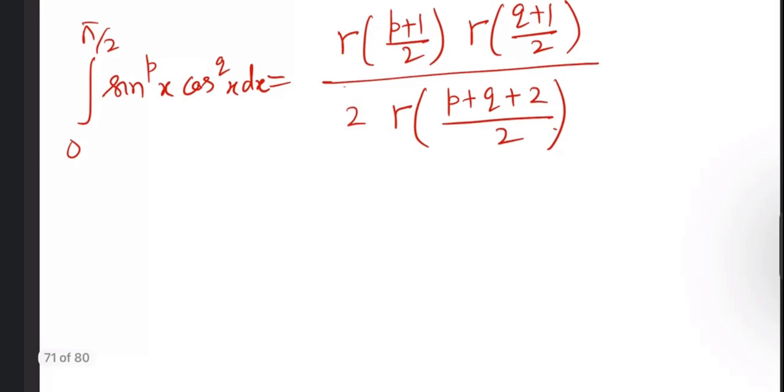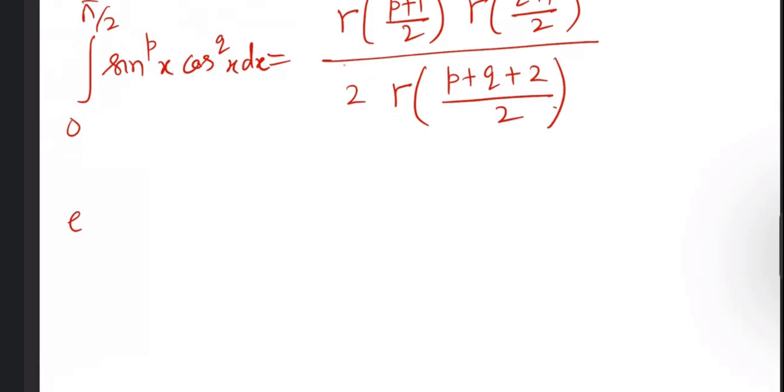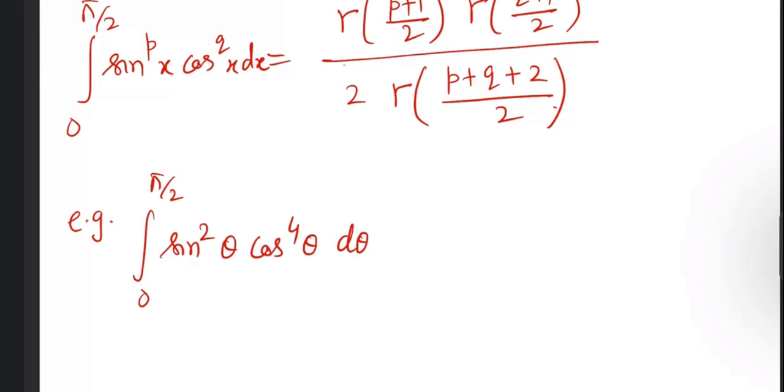For example, in general for particular values of p and q, this integral is to be evaluated: integral 0 to pi by 2 sin square theta cos to the power 4 theta d theta, or d theta you can consider as dx. That will become, p is equal to 2 and q is equal to 4.